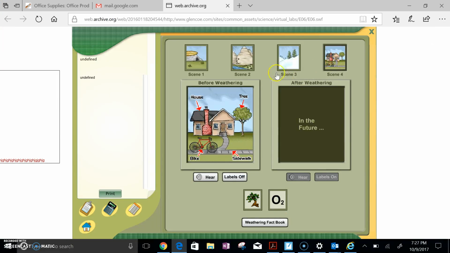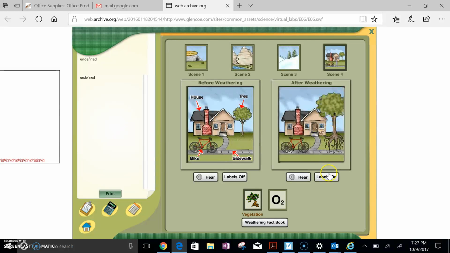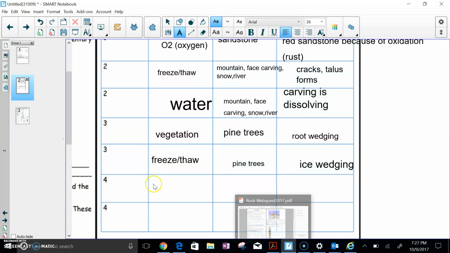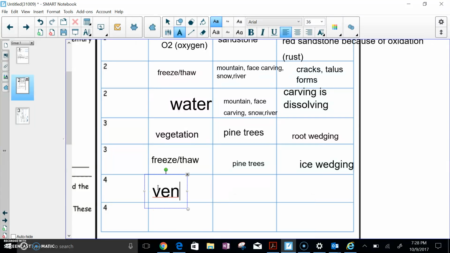Scene 4, we have a house. Now keep in mind we have a house, a bike, a sidewalk, and a tree. So we're going to see what vegetation does to this. So the tree has grown and root wedging has cracked the house and the sidewalk. Okay, nothing really else is going on from the vegetation. So we have vegetation.